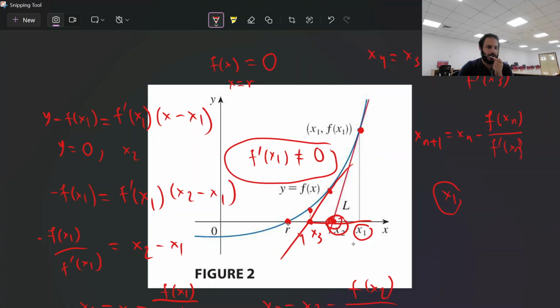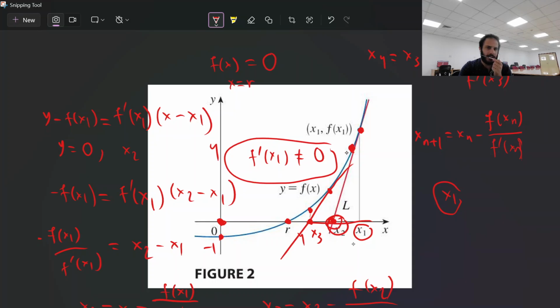For example, here the y value is 0. Here is, for example, say 4, and here minus 1, for example. Since this function is continuous, then we know that there is an x value r such that f of r equals 0.